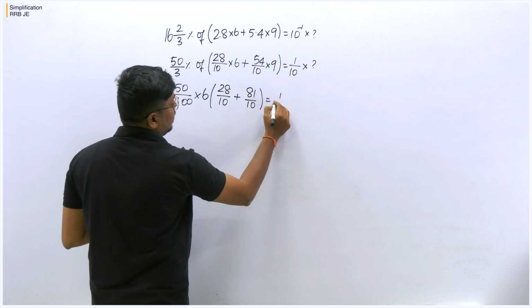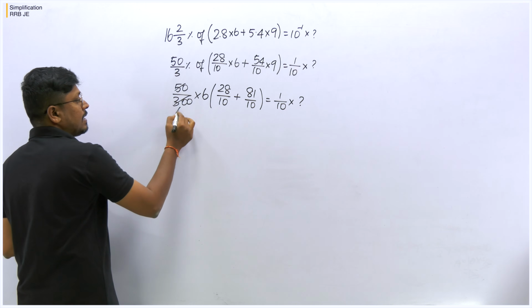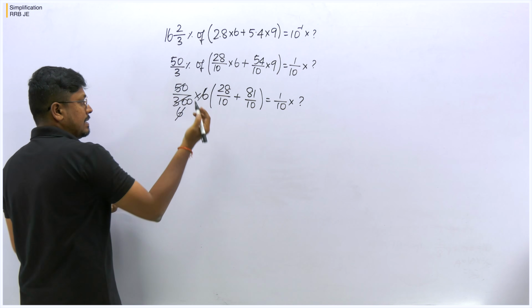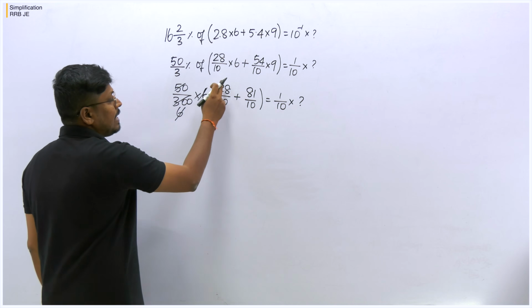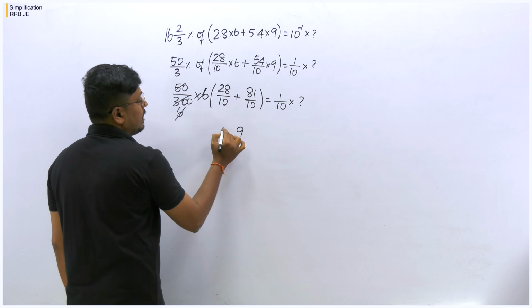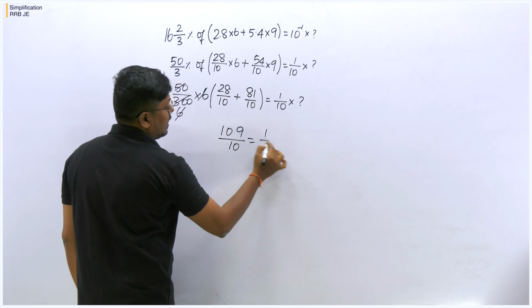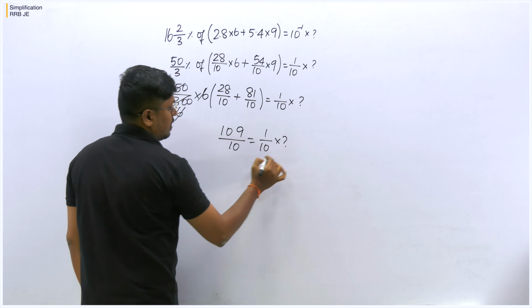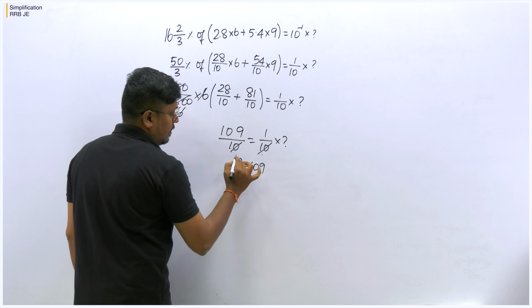Is equal to 1 by 10 into question mark. Now 50, 6 5s are 30, so we can again cancel 6 and 6. The remaining numbers we have here are 28 plus 81, which is 109, divided by 10, equal to 1 divided by 10 into question mark. So cancel 10 and 10. So question mark is equal to 109.